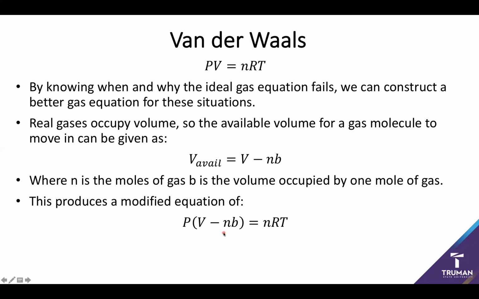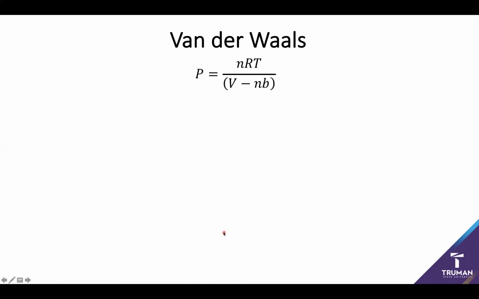However, we also need to work with the attractive molecular forces. We can do this by first rearranging our equation to look at pressure, because as I introduce molecular forces, I'm going to see a modification of the pressure felt by the walls of the container.